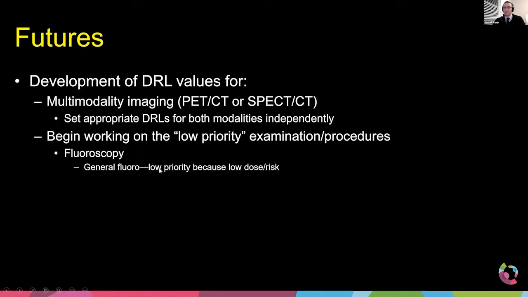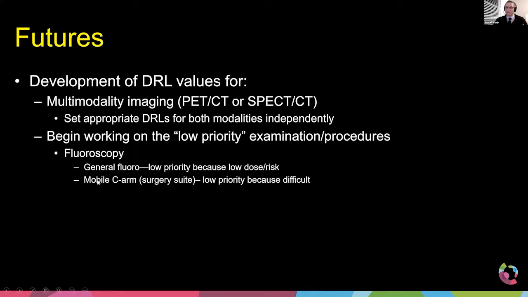This is considered a low priority examination type, mostly because it's very low dose, doing a VCUG, a video swallow, whatever it is that you typically do in Thailand, which is probably consistent with everyone else in the world. They are almost always much lower doses compared to an interventional procedure. So at low dose, low risk, it's a low priority.